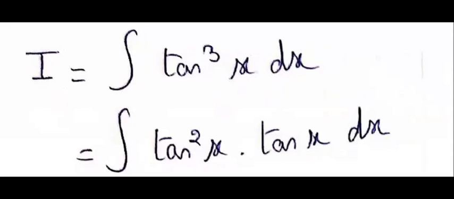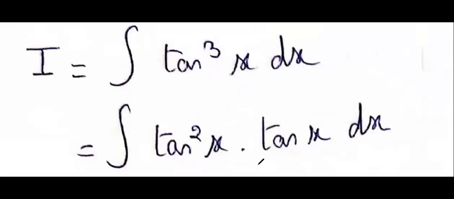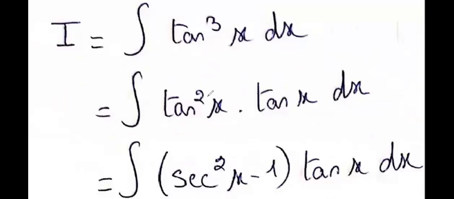And tangent squared x, I would replace it by secant squared x minus 1. So now I have the integral of secant squared x minus 1 multiplied by tangent x.